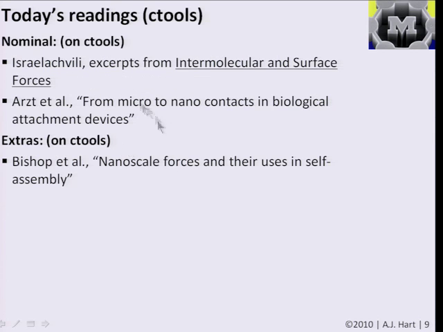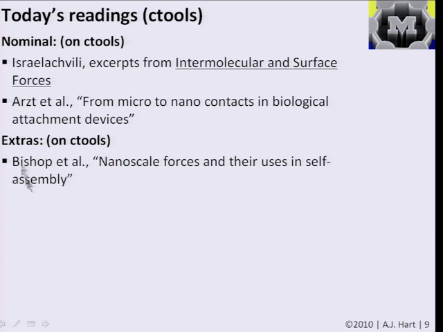And the readings we have up on CTools today are two chapters from Lennard-Jones' book, which if you get into this topic in more detail, I really recommend. It's a fantastic book on all types of interaction forces between molecules and surfaces. And there's also a short research paper, which we'll see at the end of today's lecture, on biological contacts, things like gecko adhesives.